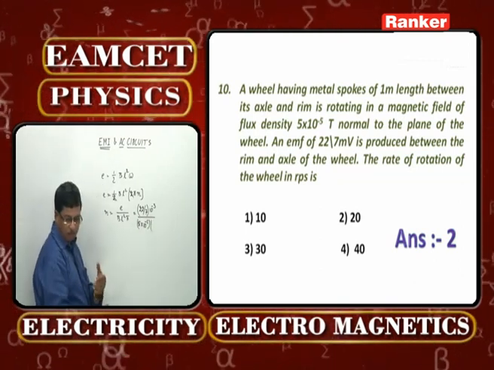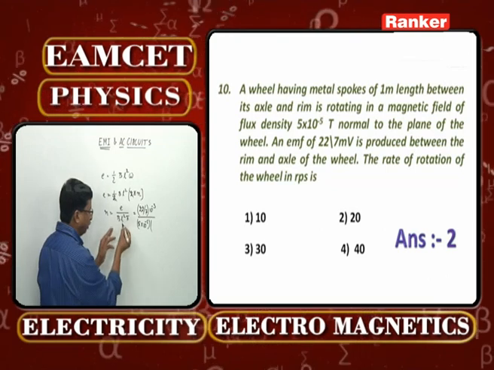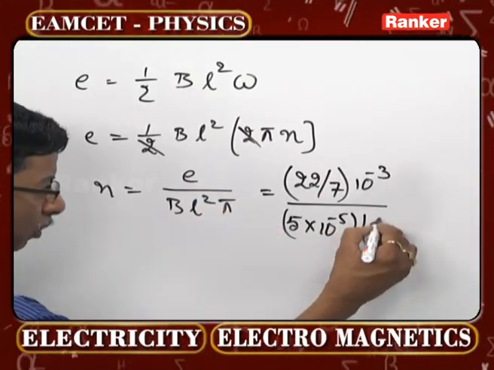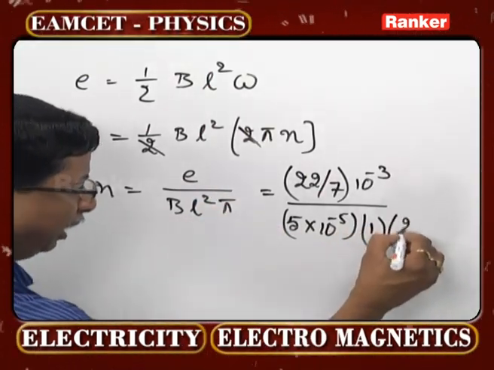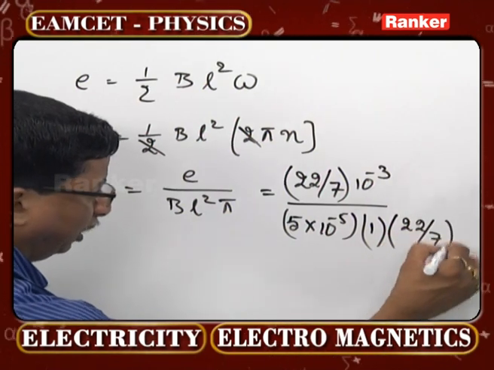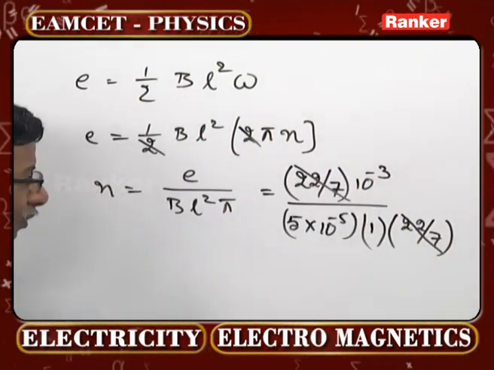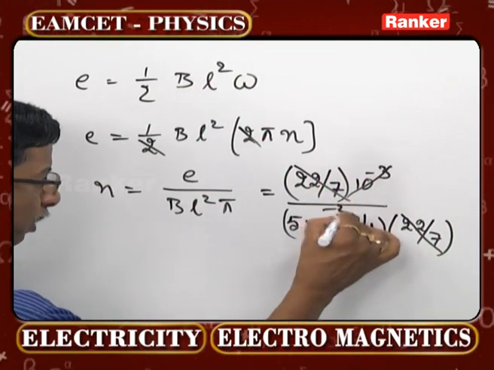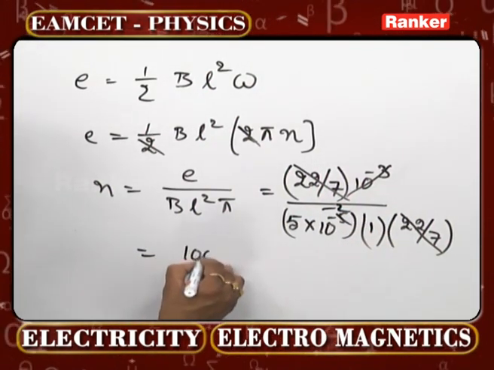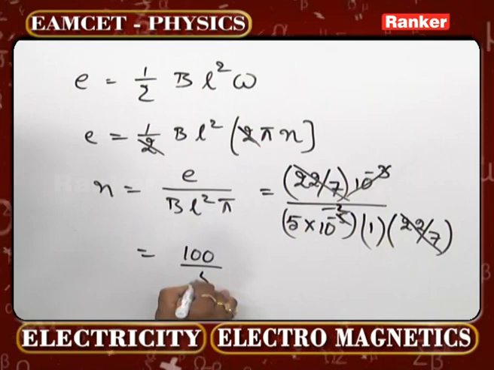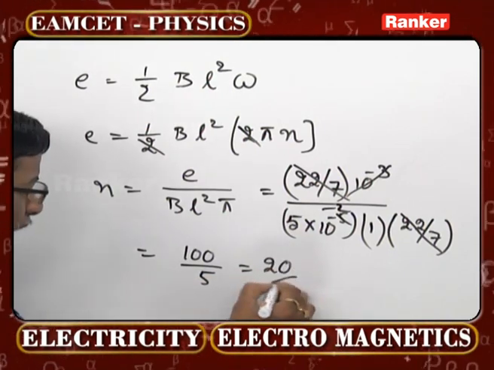What is the length given? Each spoke is of 1 meter, so 1 square will be 1 only. This pi again is 22 by 7 only. You can cancel these two. This one cancels minus 2 times. So you will be getting 100 by 5, so totally 20.